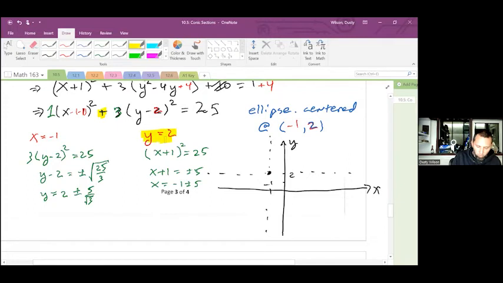So when y equals 2, our x's are going to be -1 plus or minus 5. That would be, pardon me, -1 plus 5, which would be 4. So I've got -1, 0, 1, 2, 3, 4. I've got a point here, and I've got -1 minus 5, so -1, -2, -3, -4, -5, -6, or there at -6.